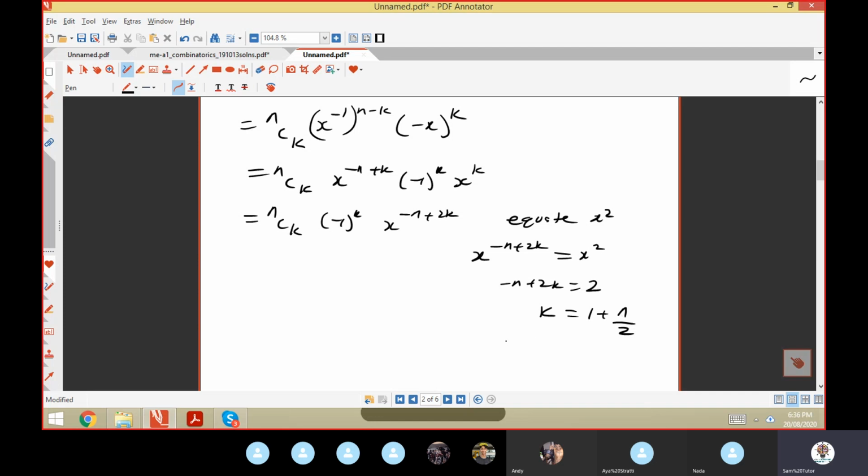Yes, n can't be odd. Why can't n be odd? Because if it is, your k is always going to be a fraction. K will not be an integer, and the coefficient will be 0. If n is an even number, then the coefficient exists.